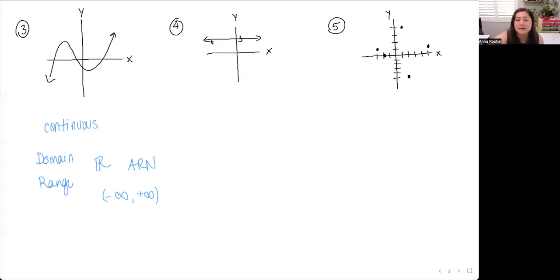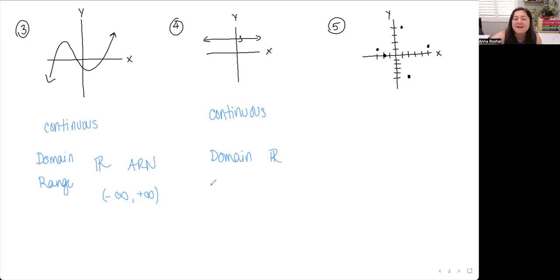Let's talk about this case. In this case, this is also a function because it also passes the vertical line test. It is also a continuous function. And then let's talk about the domain and range. So here, I know that my domain extends all the way to negative and positive infinity. So my domain is all real numbers. I'm used to writing this fancy R also because my last name is Rochelle.